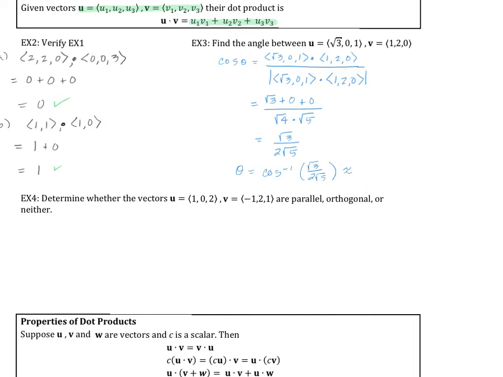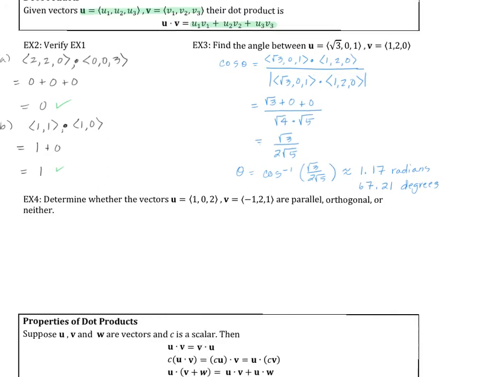And if I plug this in and look at radians, I get about 1.17 radians. We were talking about radians basically this whole time, but you may also want to write an answer in degrees if it's appropriate. So you can either change the mode on your calculator or do your conversion to degrees.